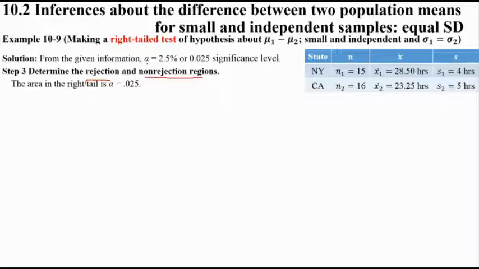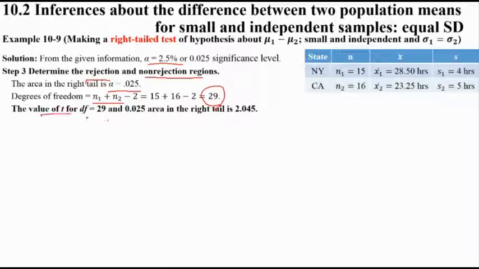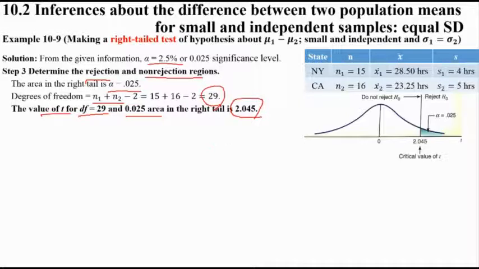So, first of all, significance level 2.5, which is 0.025, this area, and degrees of freedom n1 plus n2 minus 2, which means 15 plus 16 minus 2 is 29, and the t value for degrees of freedom and area is 2.045 from the textbook. You can look at the table.